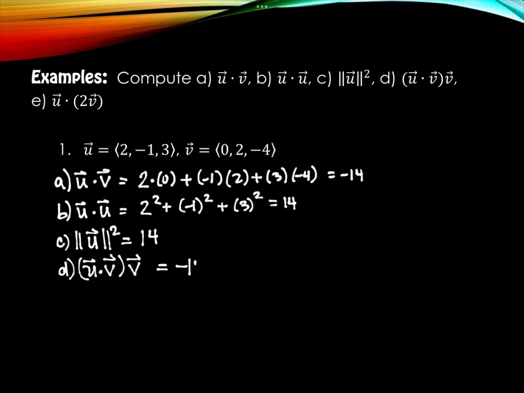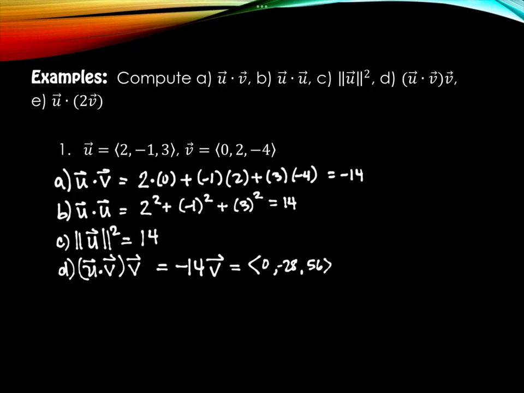So it's negative 14, and then it's times the vector v, because it's now a scalar, right, times v, and scalar multiples just multiply each of the components. So we multiply each of the components of v. So we have 0, negative 28, and 56. Does it make sense to everyone?